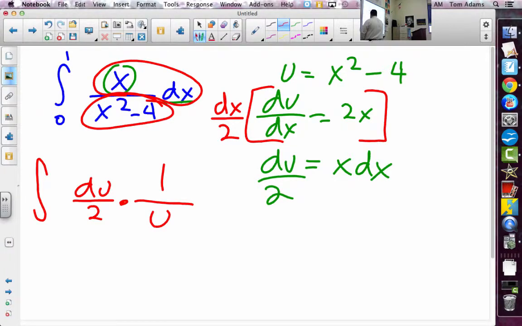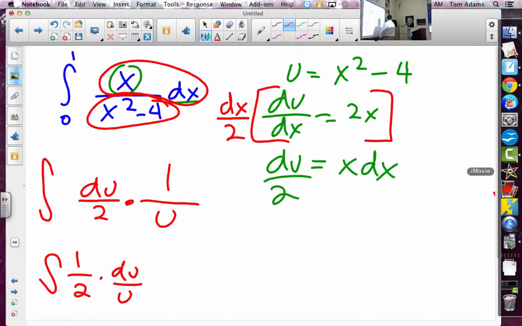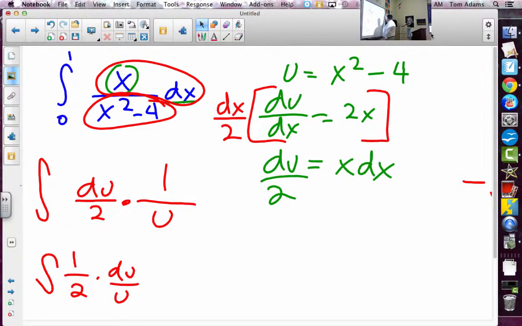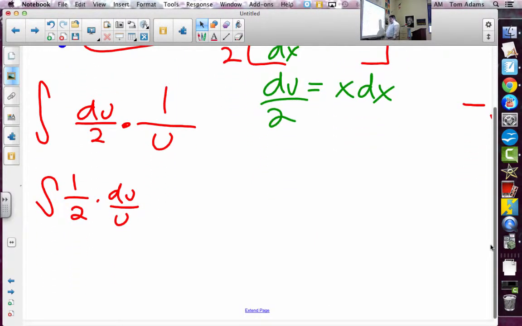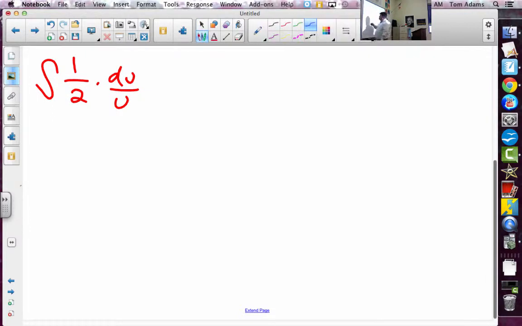If I apply the commutative property of multiplication, I get 1/2 times du over u. Notice that I'm not writing the upper and lower limits yet. So that becomes 1/2 du over u.